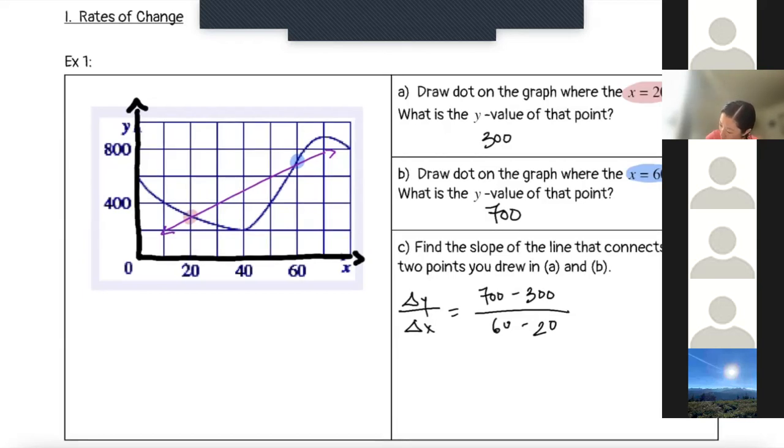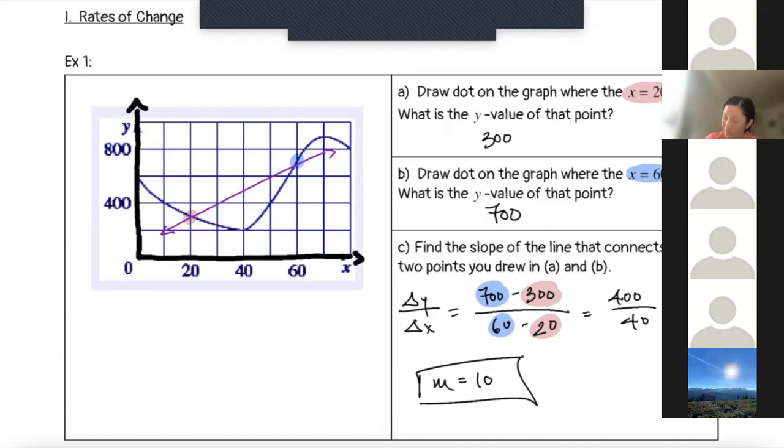So we've got the blue point right here, and we've got the red point right here. And when we simplify this, we'll get 400 over 40, or we will end up with a slope of 10.